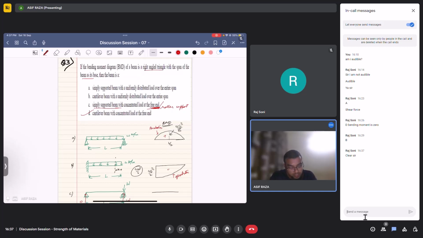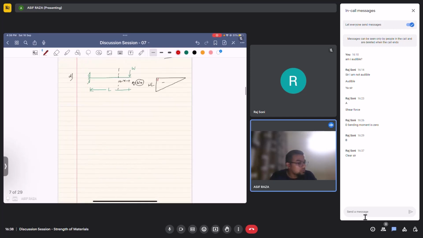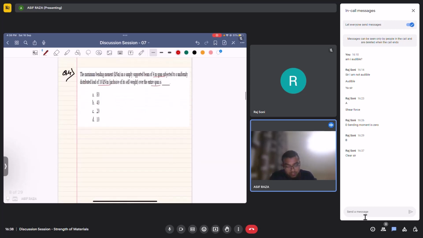When a simply supported beam has a UDL applied over the entire span, the bending moment diagram is parabolic with the maximum bending moment at the center as WL square by 8. We just need to use this here.